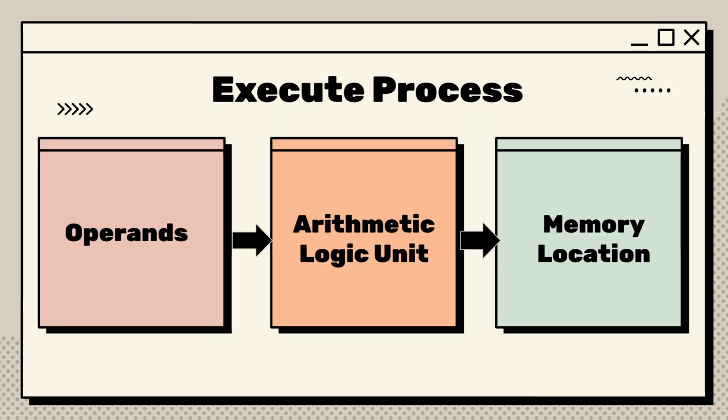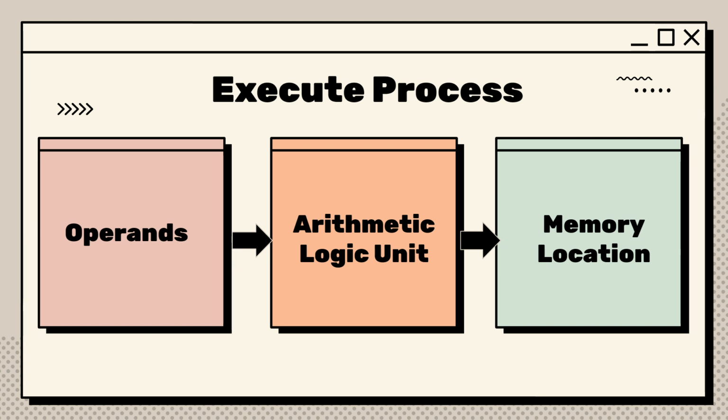Hello, myself Kush Bhakkad and I will be explaining the execute cycle. So, the CPU carries out instructions by fetching the operands from memory and sending them to the ALU to be executed. Once complete, the resulting value is stored in a memory location for use by the program at a later stage.